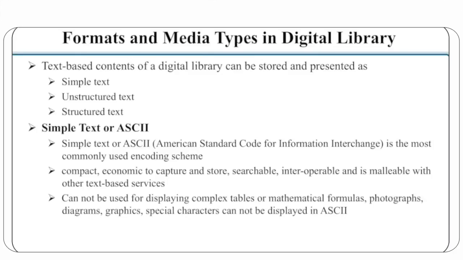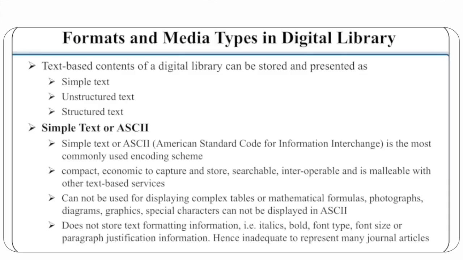The ASCII cannot be used for displaying complex tables or mathematical formulas, photographs, diagrams, graphics, special characters, and others which cannot be displayed in ASCII. The ASCII format does not store text formatting information, that is, italics, bold, font type, font size, or paragraph justification information. Hence, it is inadequate to represent many journal articles.